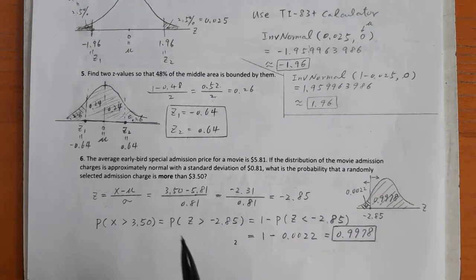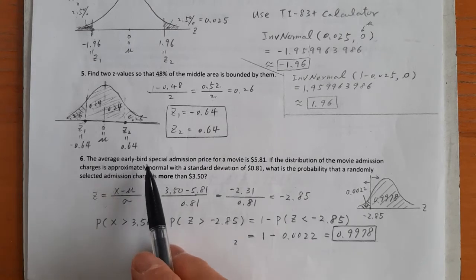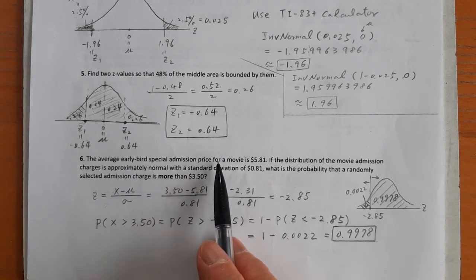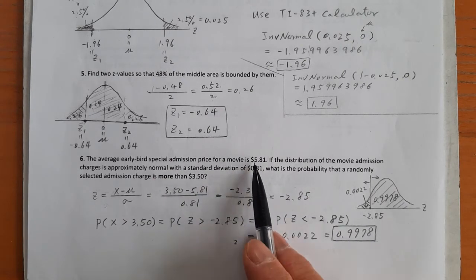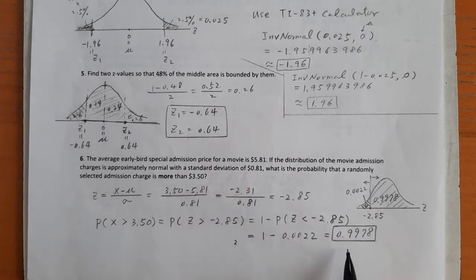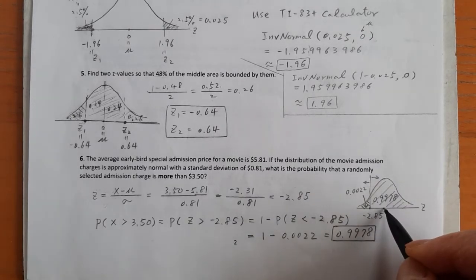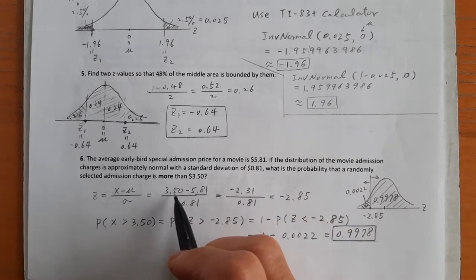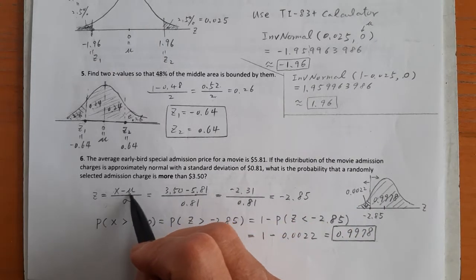Question 6. The average early bird special admission price for a movie is $5.81. That's the mean, given.